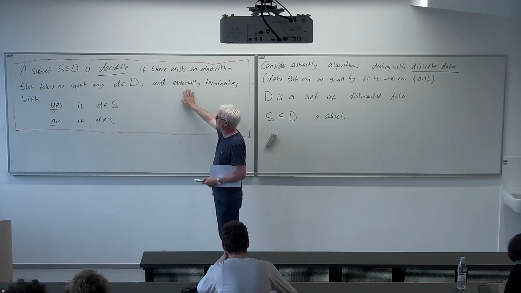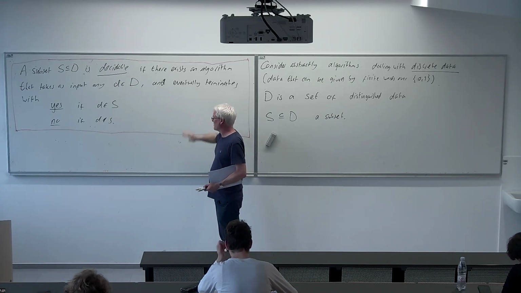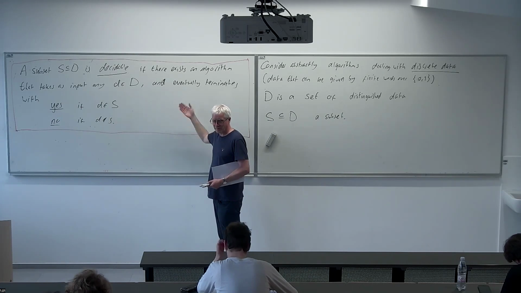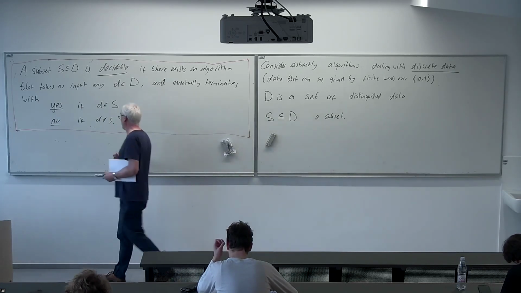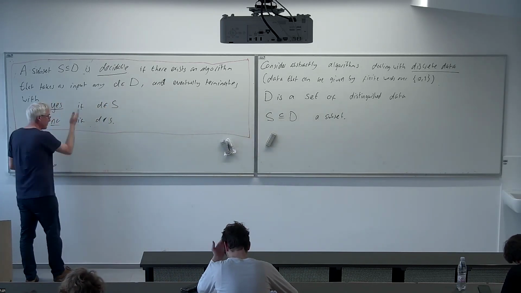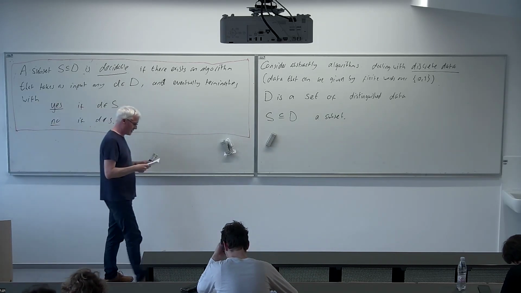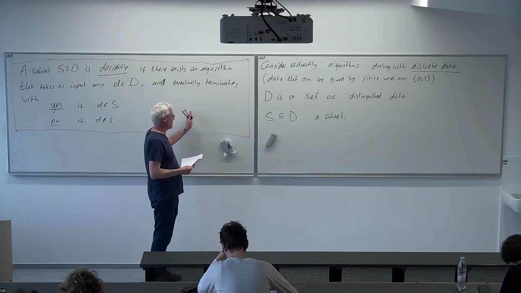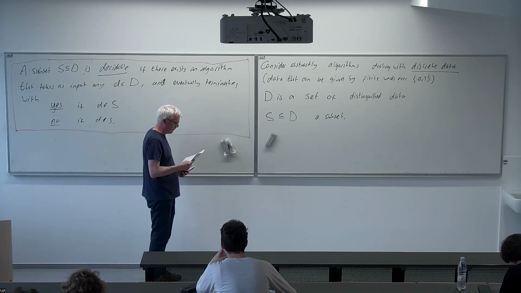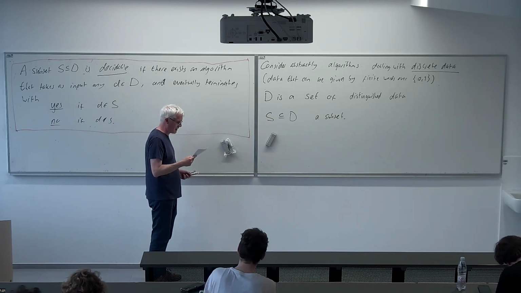So decidability is sometimes not practical. You need some complexity guarantees for it to be practical. But anyway, it's a good first approximation that we're able to recognize the set S.